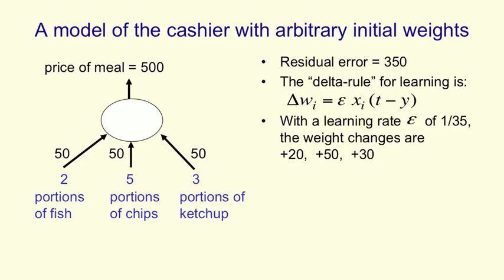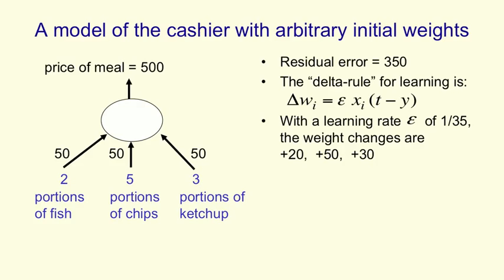If we make the learning rate 1 over 35, so the math stays simple, then the learning rate times the residual error for this particular example is 10. So our change in the weight for fish will be 2 times 10. We'll increase that weight by 20.